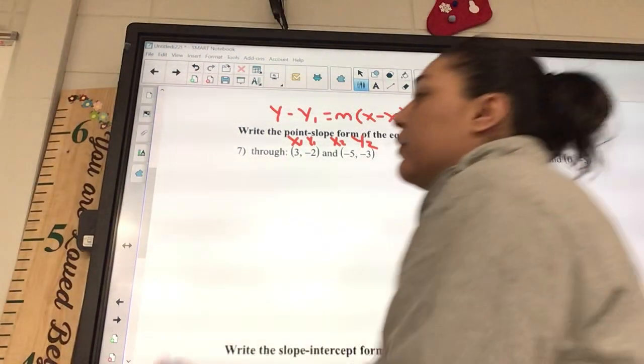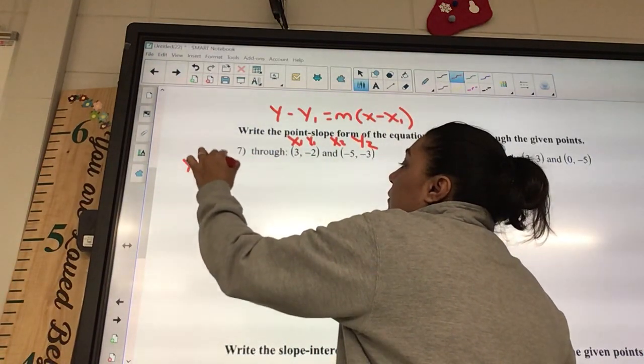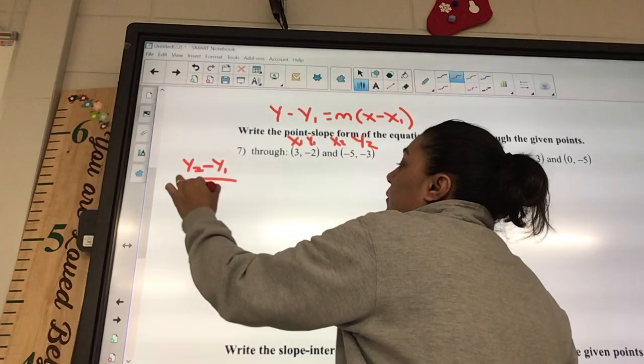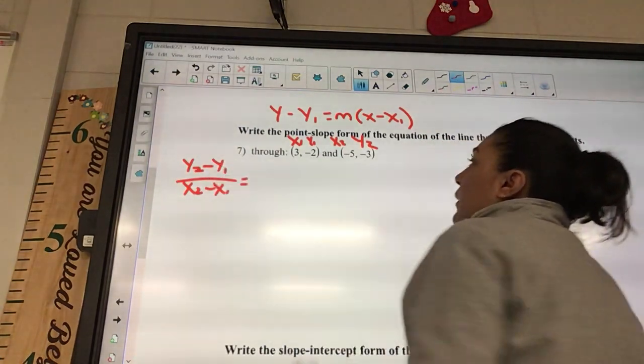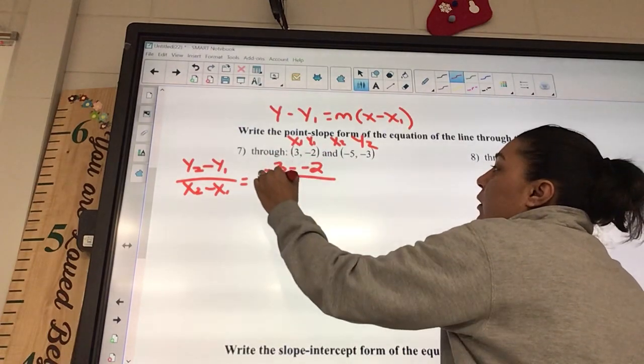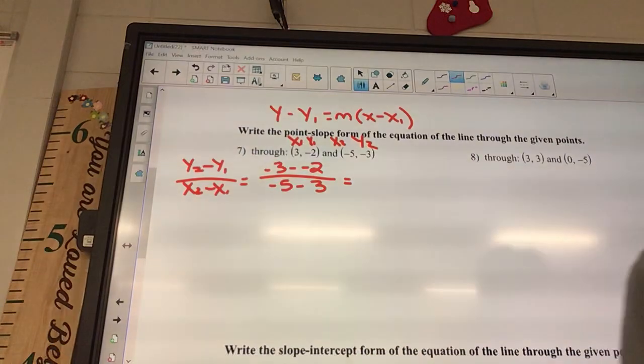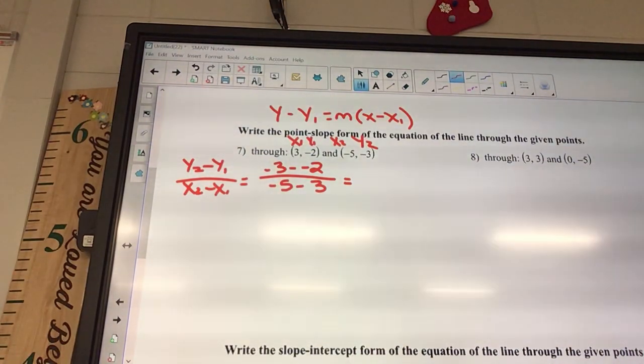Okay, and so we can use our slope formula. Okay, so we got negative 3 minus negative 2 over negative 5 minus 3. Okay, type that in, see what you get.